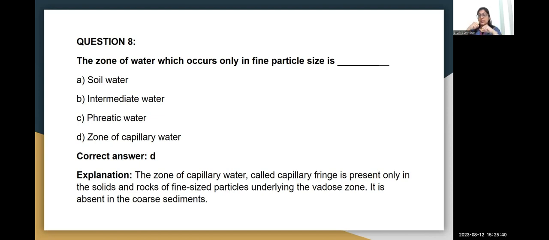So smaller the surface area, smaller will be the capillary action. Larger surface area, capillary action or the amount of water entering will be more. So zone of capillary water is more prevalent in fine size particles. One of the reasons why this happens is because of the total surface area of the particles. So that was about it.